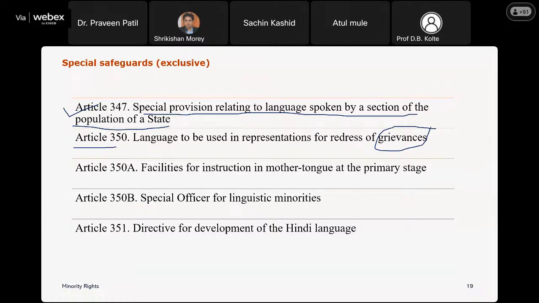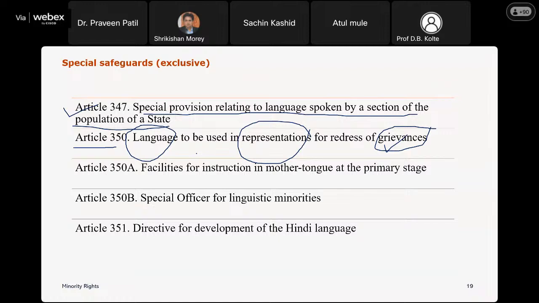The only language I know is Marathi. Article 350 says if there are any grievances, such grievances could be given as a representation in all types of languages, and it is the duty of the state to hear the grievances in the language given by the person who is an aggrieved person.